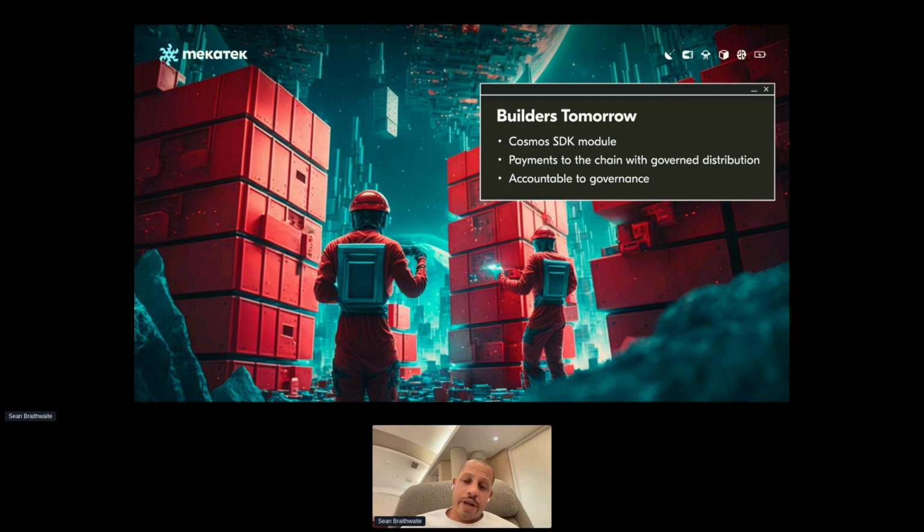This could be used in many ways, of which we're going to talk about very briefly. The most important contribution of the builder module is that builders are going to be accountable for the transactions that they contribute to the chain. The entire bundle, whether it's 3 transactions, top of block, or the entire block, is going to be signed by the builder and controlled by the state machine.